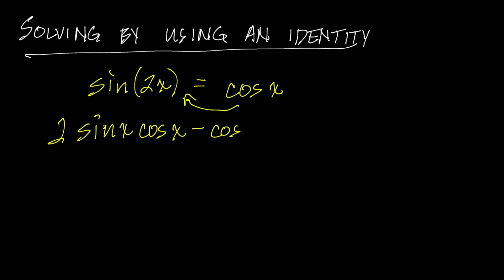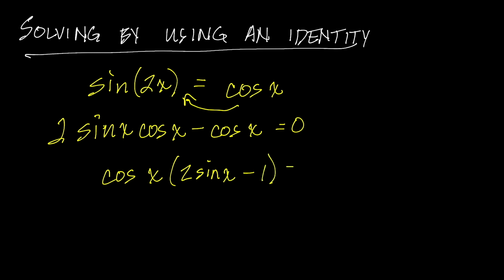So that just becomes minus cosine x. And by doing this little maneuver here, we have a common factor of cosine that we can factor out. Or undistribute, if you prefer. It's not really a word, but I use it all the time because people understand it. All right, so I just undistributed this. If I went back, I'd say cosine times 2 sine x. Well, that was my 2 cosine x.